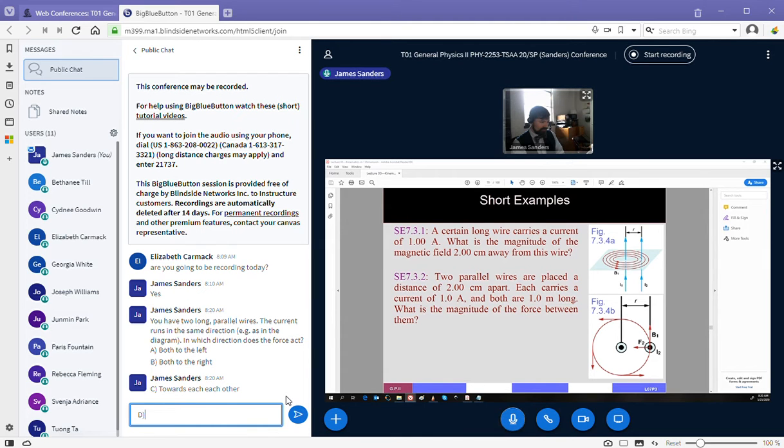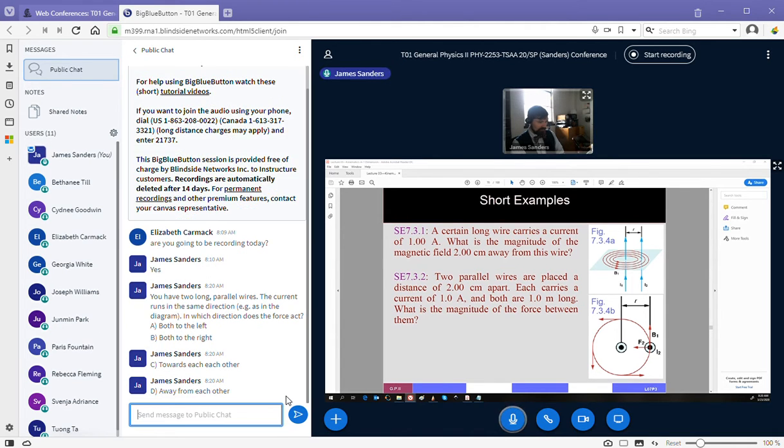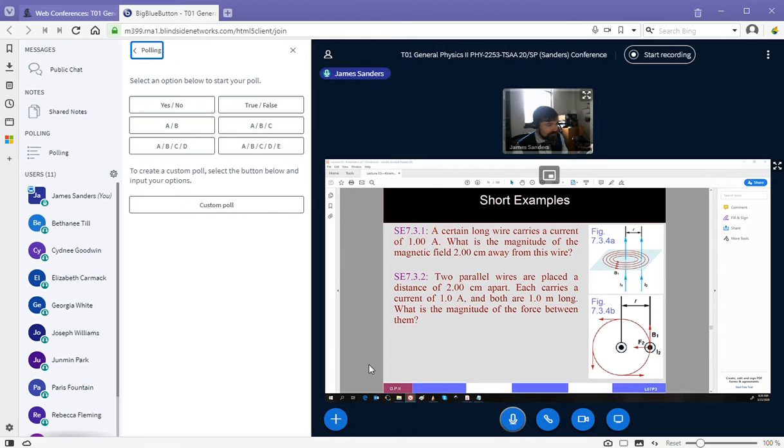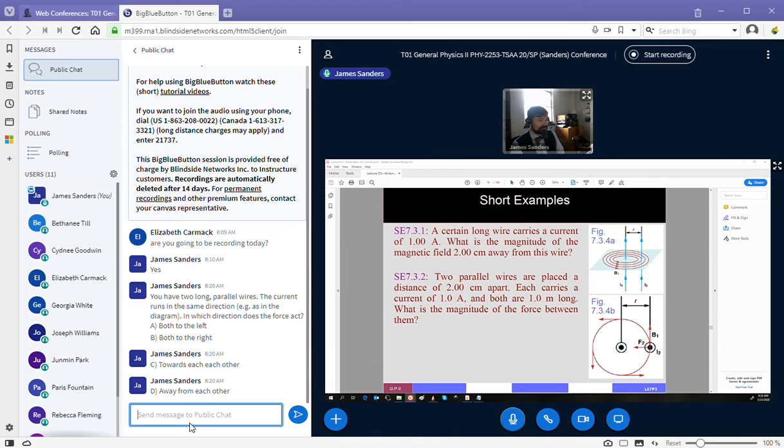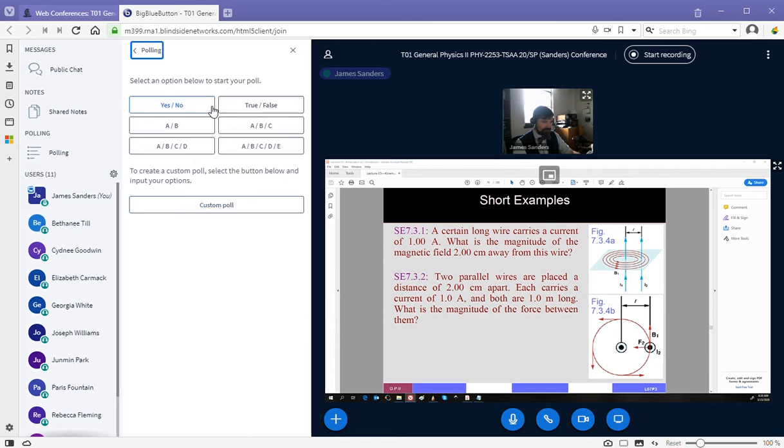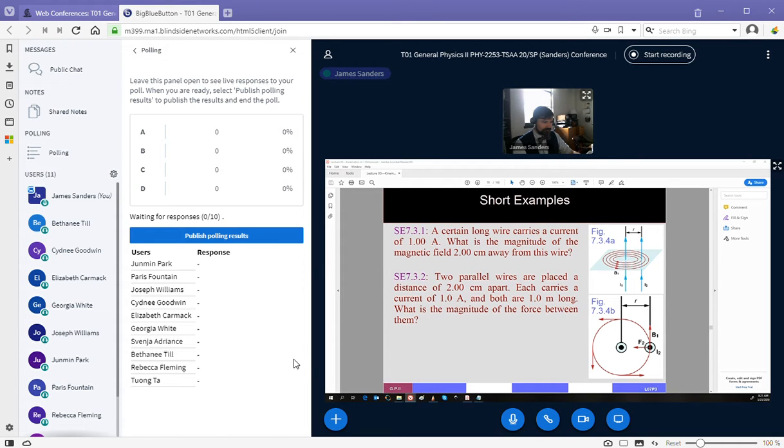Option D, away from each other. Is there an A, B, C, D, E? We could give E none of the above. Nah, we'll do A, B, C, D. It should be obvious that it's not none of the above if I had to think about this. All right, go ahead.